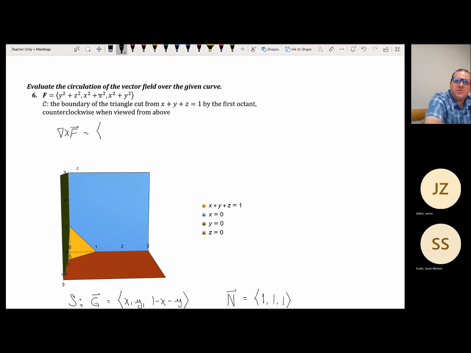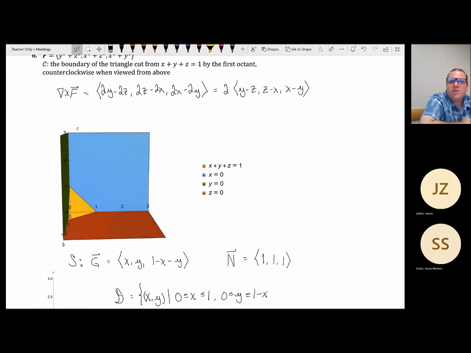Partial y minus partial z, partial z minus partial x, partial x minus partial y. So there's that curl.